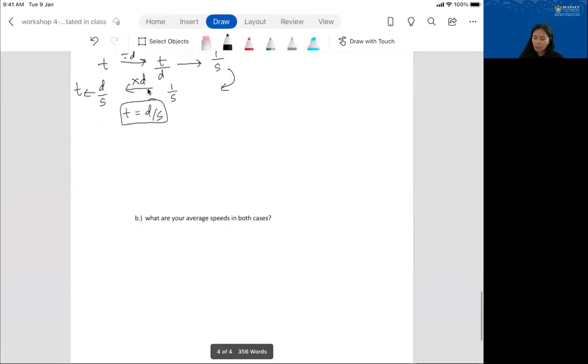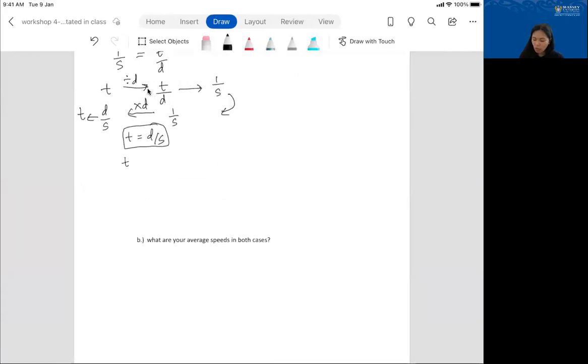Right, so we have the expression for time. We can now solve the time. For the speed equal to 18 meters per second, the time is equal to the distance, 8,500 meters, divided by the speed, which is 18, will give you a time of 472 seconds.